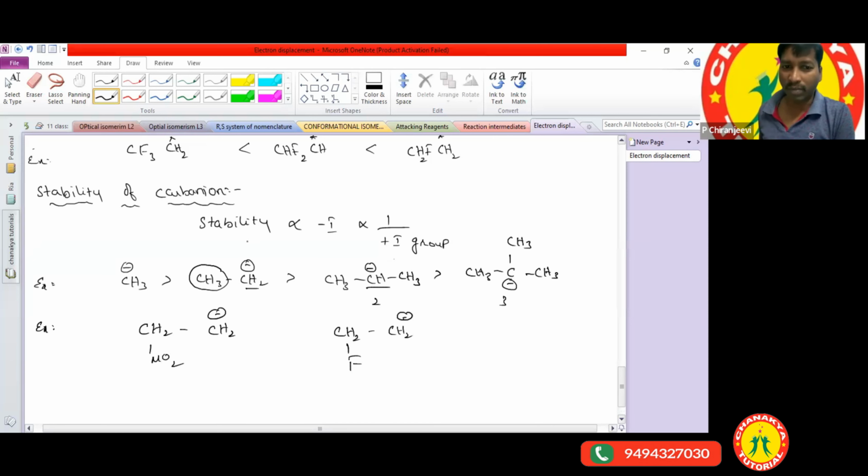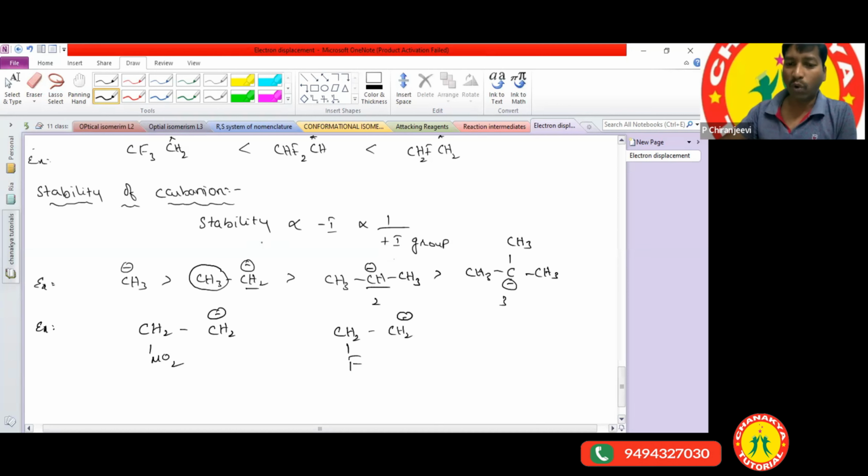First, you can check the statement. What is the statement? The stability is directly proportional to the minus I effect. The nitro group is a minus I group, and F is also a minus I group. But in this case, how can we explain the stability? The stronger the electron withdrawing group, the greater the stability.